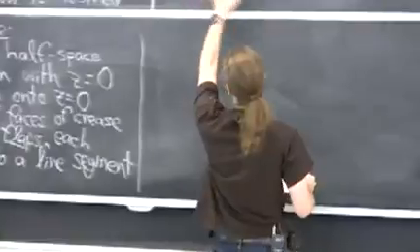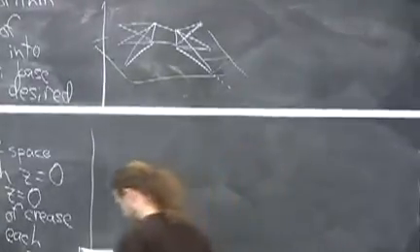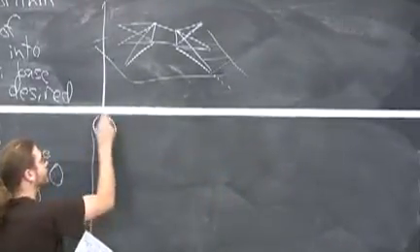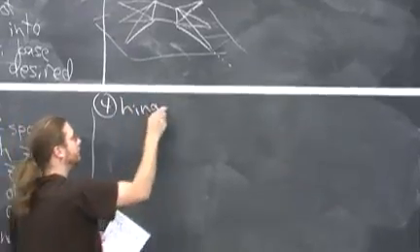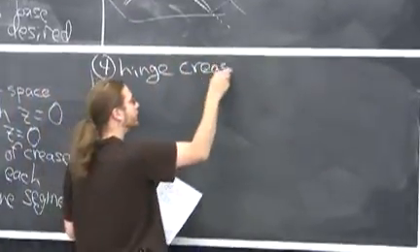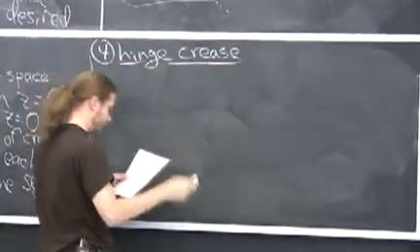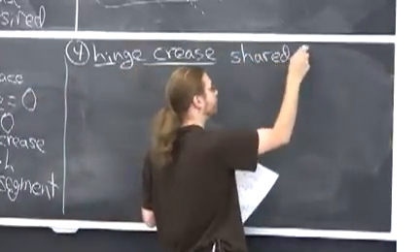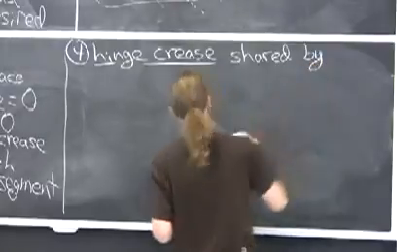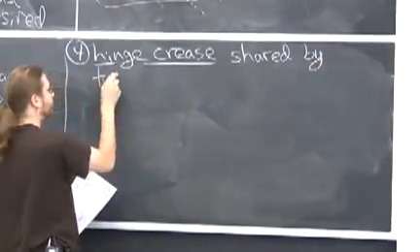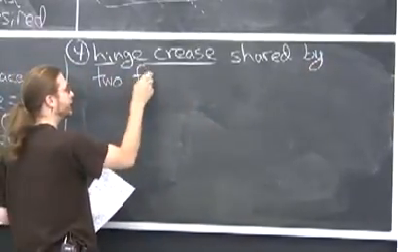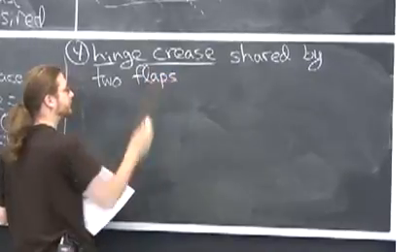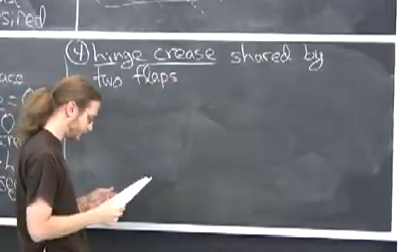It's going to be one of the edges of the tree. So then there's the notion of a hinge crease. And these are just creases shared by 2 flaps. They're the creases that separate one flap from another.